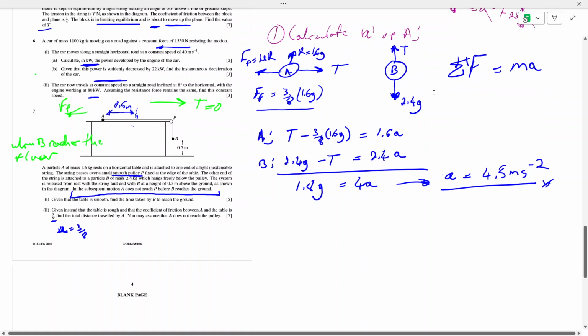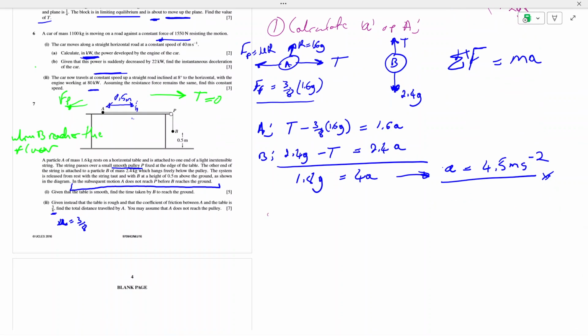Now I've calculated the acceleration. Now that I have the acceleration, the second part will be to calculate the final velocity after the particles have traveled 0.5 meters, and the tension is now 0, T equal to 0 newtons.